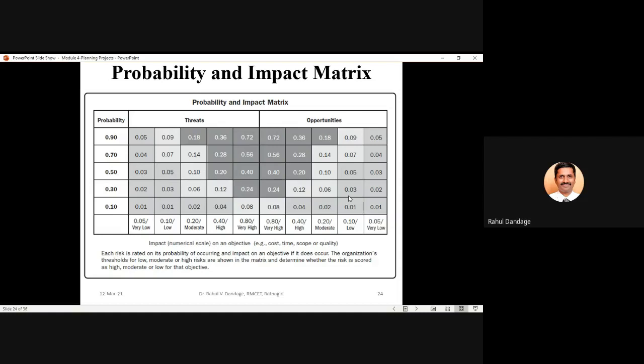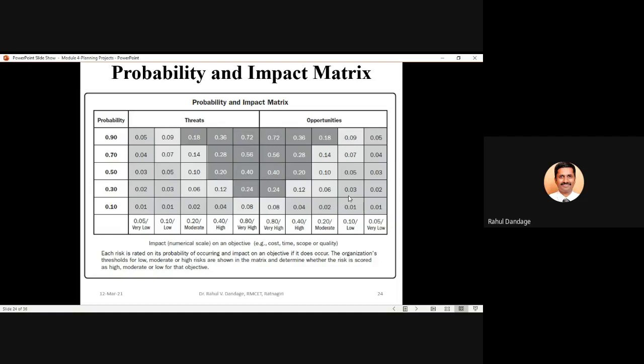You can see on the left-hand side there is a vertical column with the heading probability, and below that you will find numbers 0.10, 0.30, 0.50, 0.70, 0.90. If you convert that into percentages, we can say 10% probability of occurrence, 30%, 50%, 70% and 90% probability of occurrence.